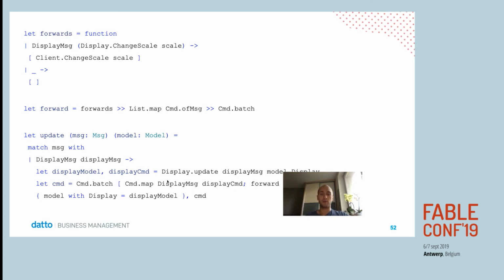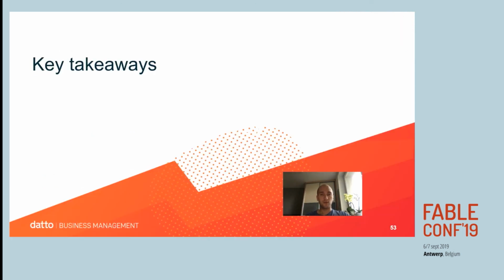So it will not only trigger the child message that's over here, but it will also take a look at these forwards. Thanks to that, when I need to propagate another message from one child to the other, I don't need to modify my update function, which can get pretty cumbersome with more complex pattern matching. I can extract that to the forwards function, which makes the code a bit cleaner. So that's the forwards thing.